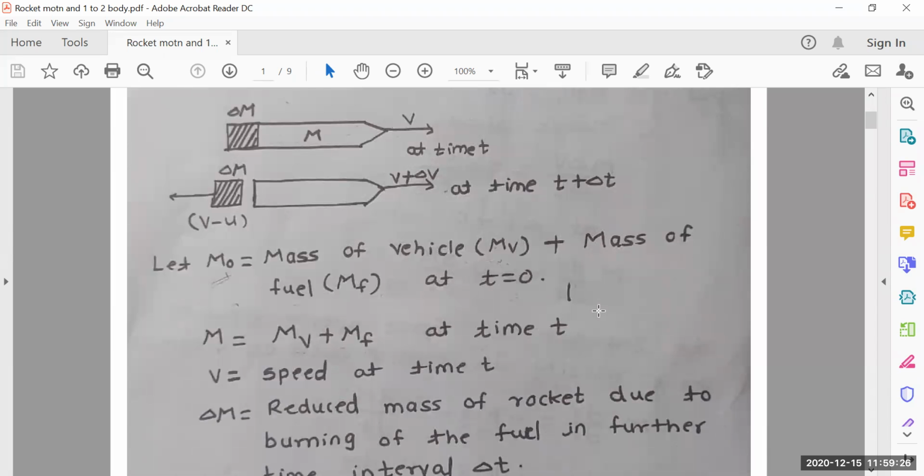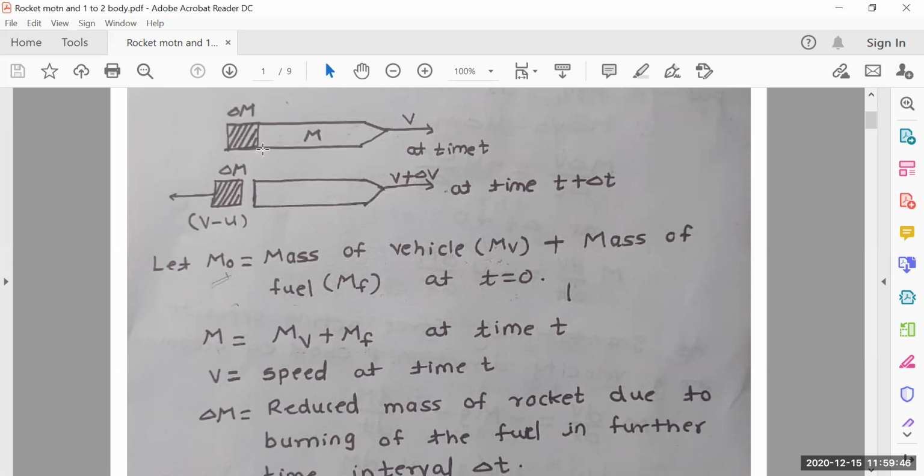Now, in this case, firstly, we have to understand M0. This is the total rocket, in which the blank part is the mass of vehicle, and the cross line part is the fuel part. Here fuel is filled up.